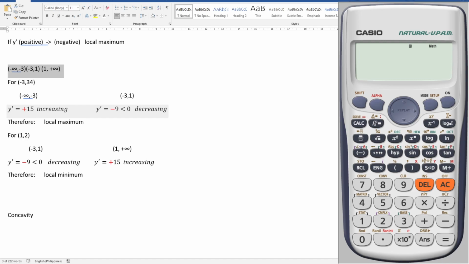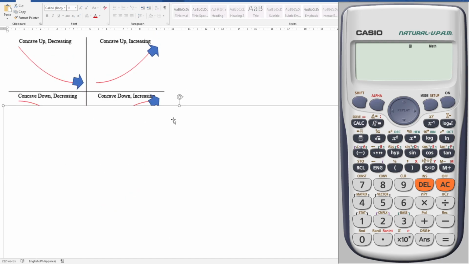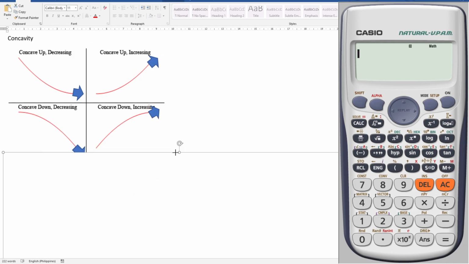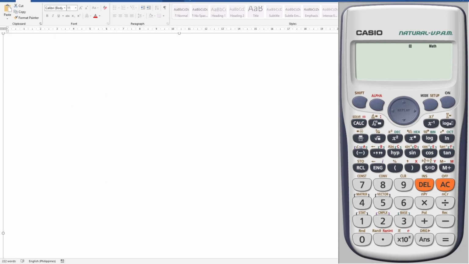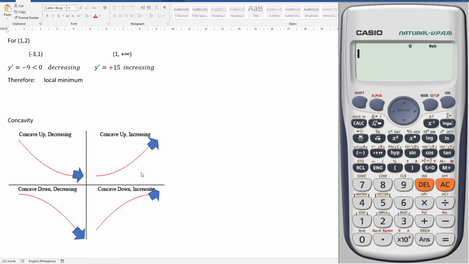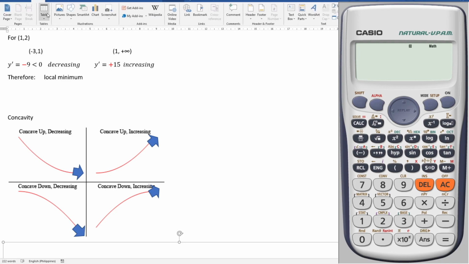What is concavity? Concavity is like this. The word concave in glasses is like a cave. There are two types of glasses, concave and convex.